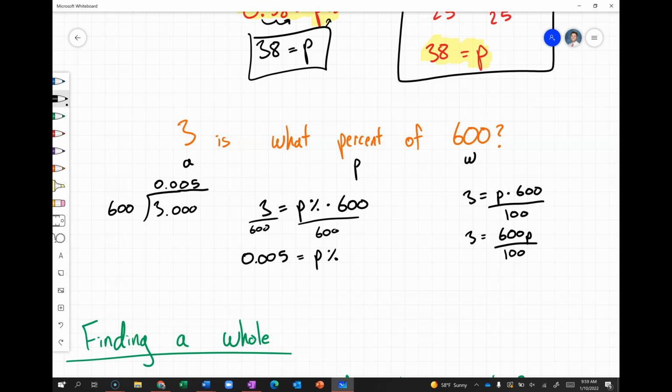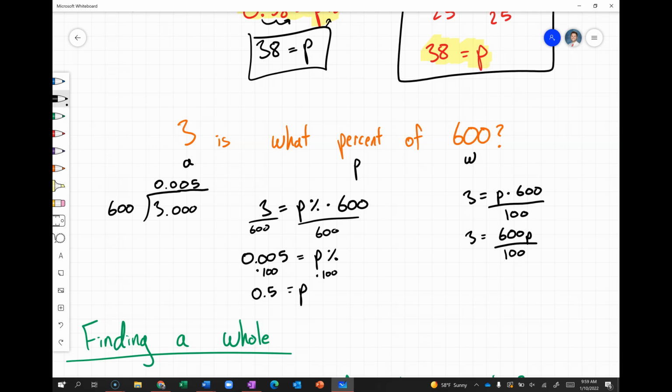So we need to multiply by 100 to get 0.5 equals P.